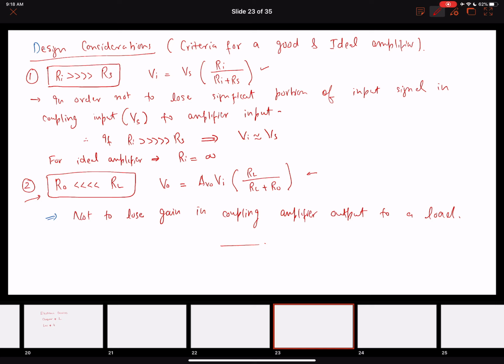All right, so these are the two main design criteria for designing an amplifier. So one is that our input resistance should be as large as possible compared to the source resistance, and the second is our output resistance should be as small as possible compared to the load resistance.